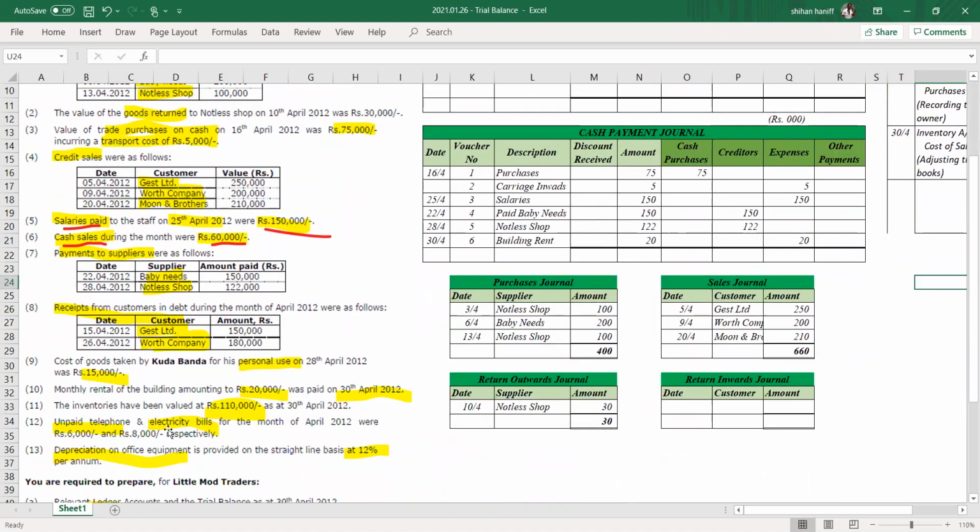Then we have unpaid telephone and electricity bill for the month of April 2012 for 6,000 and 8,000 respectively. So these are payables, accrual. So accrual adjustment also we can record in the general journal. Telephone is 6,000, electricity is 8,000.